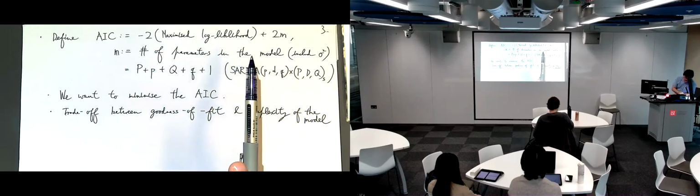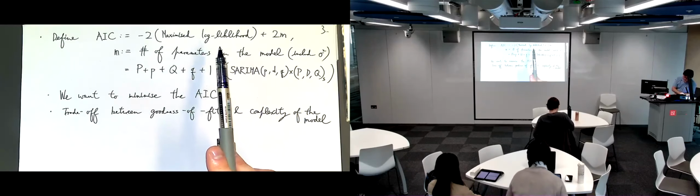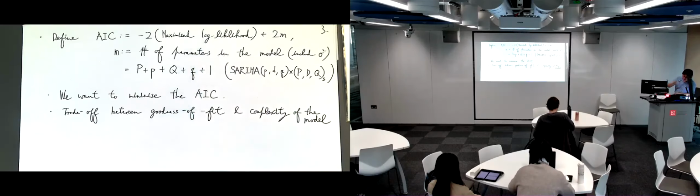The more parameters you put in the equation, in the seasonal ARIMA model, the larger the log likelihood in general. Even if you put in rubbish parameters, the log likelihood will increase, albeit maybe just by a tiny amount.